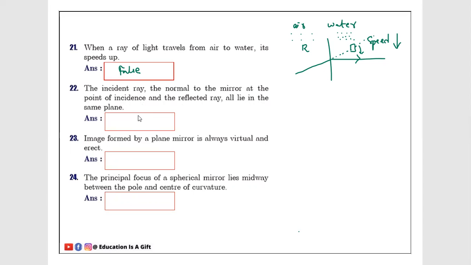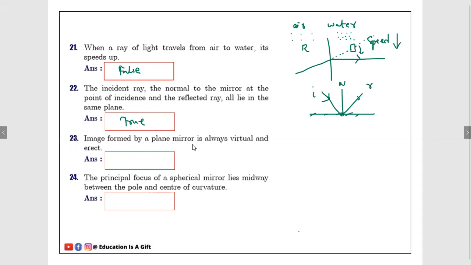Options will be: A, first law of reflection; B, second law of reflection; C, both A and B; D, neither A nor B. So it is the first law of reflection. If you take a mirror, this is the normal, this is the incident ray, and this is the reflected ray, this is the point of incidence, and all lie in the same plane. The answer is true.